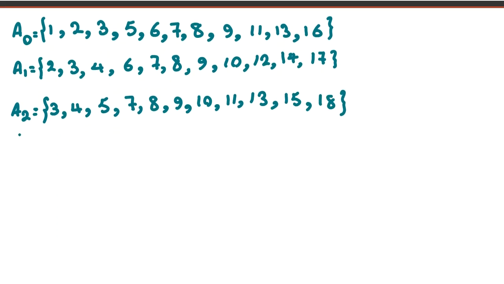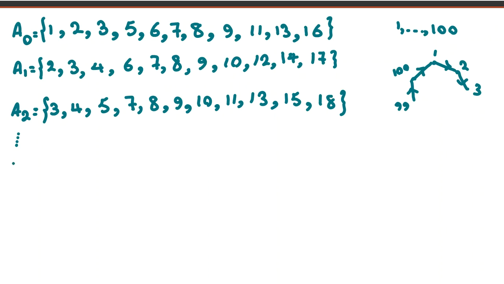Then I continue. Because our main universal set is 1 to 100, if we reach 100 in the next step, it becomes 1 again. That's the reason I say cyclic, like mods. After 1 we see 2, after 2 we see 3, after 99 we see 100, and after 100 we see 1.